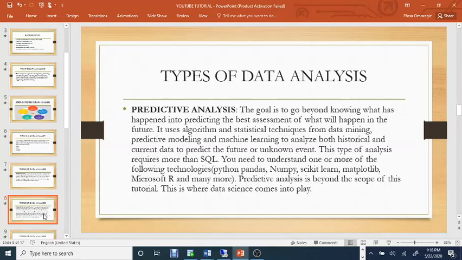And this is way beyond descriptive analysis, because it involves the use of different statistical techniques. It's not just SQL.